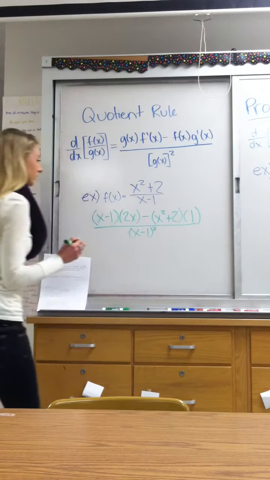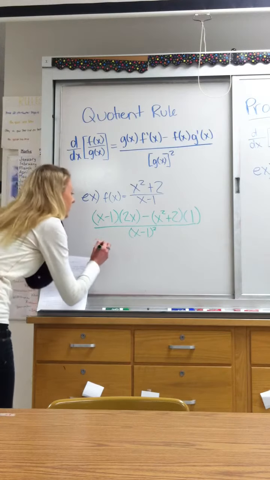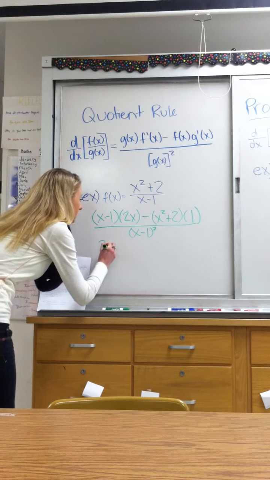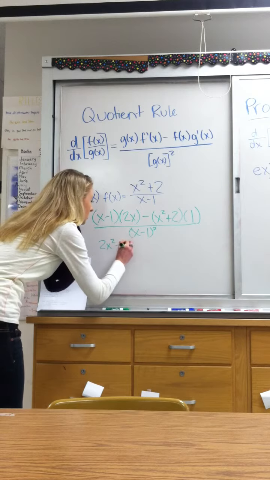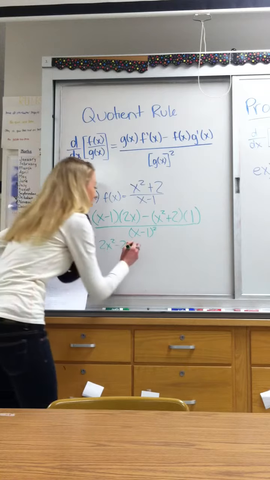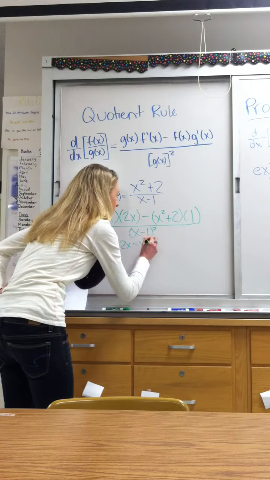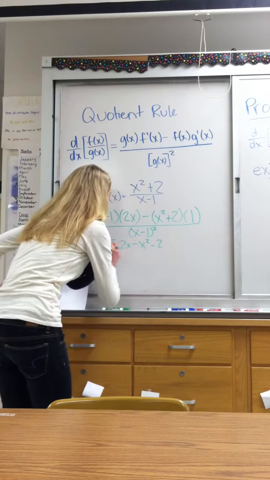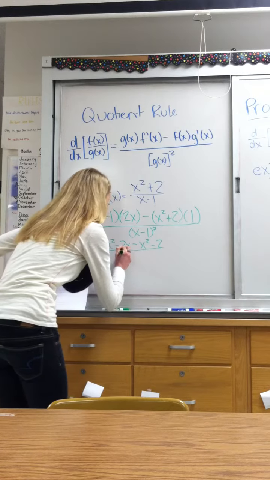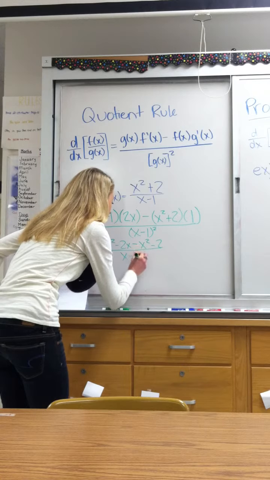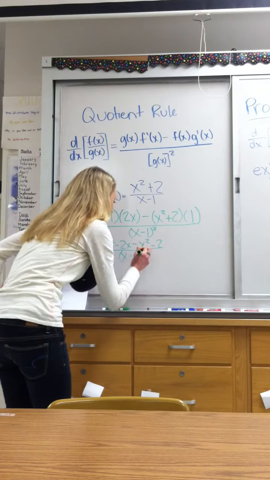So then we're going to multiply out, and we get 2x squared minus 2x minus x squared minus 2 all over x minus 1 squared.